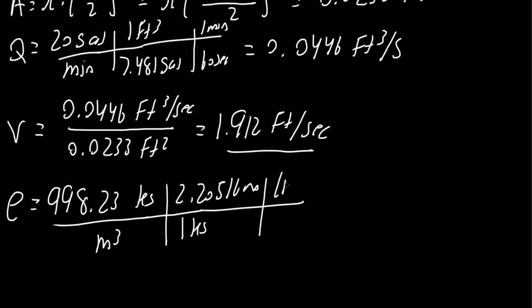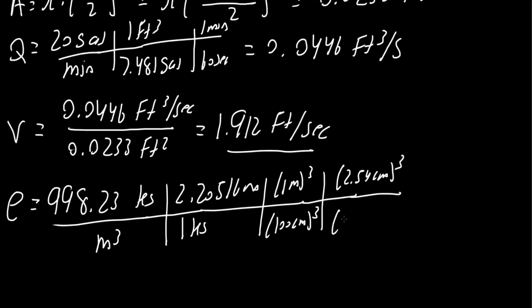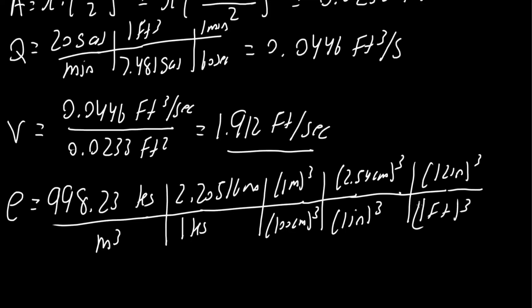We know that 1 meter is 100 centimeters, 2.54 centimeters is 1 inch, and 12 inches is 1 foot. And this gives us 62.3 pound mass divided by feet cubed.